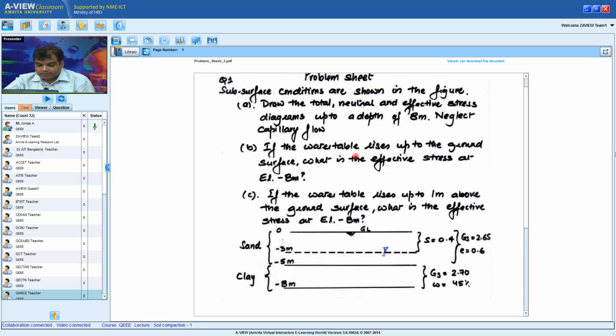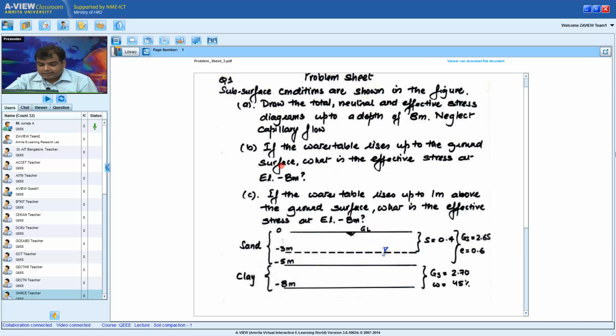There are three parts to this question. The first part is: draw the total, neutral and effective stress up to 8 meter depth. It says neglect capillary flow, so whatever we did in the last 10-15 minutes, ignore the soil capillarity.